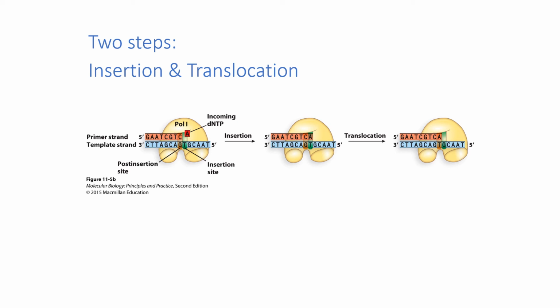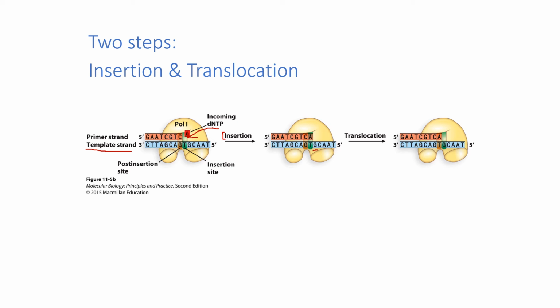In a pretty simple way of summarizing it, there are 2 basic steps that need to happen. Again, we have our template strand down here, and it's sitting in the palm of the polymerase. Then the incoming dNTP has to come in, and that needs to get inserted into the new strand. Inserted, right there is our word for insertion. Once it's in there, sitting in the active site, that new nucleotide needs to get popped over one spot so we can get the next template nucleotide in place for the next nucleotide to be added.